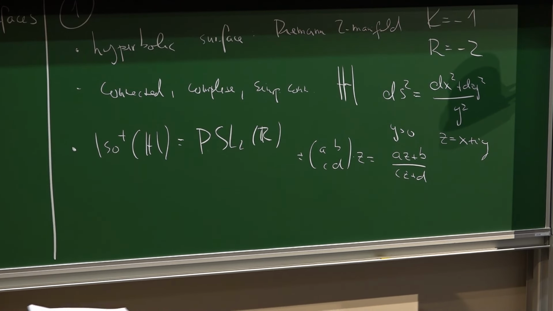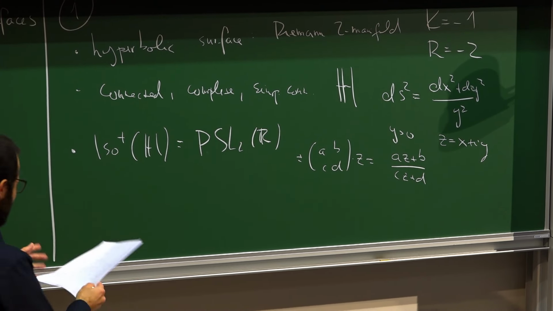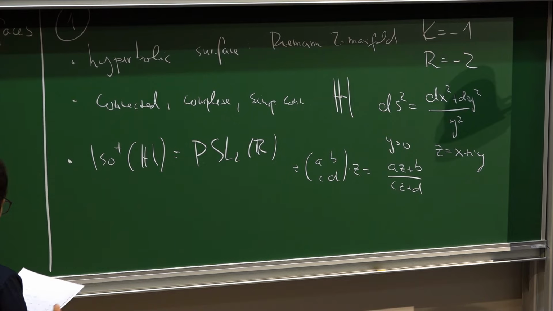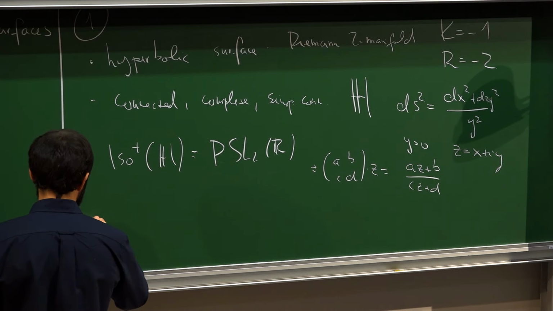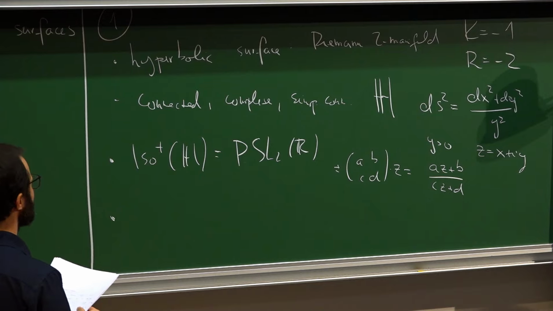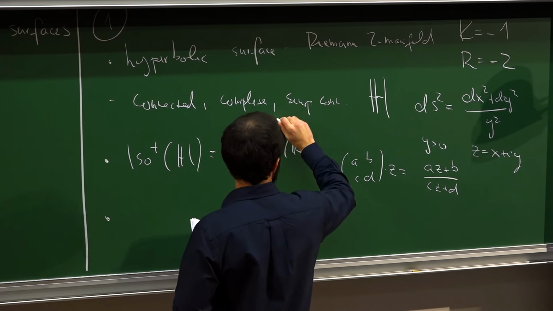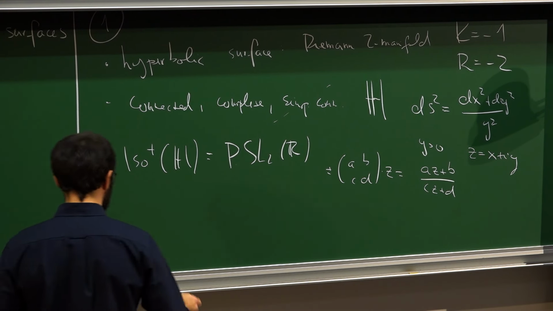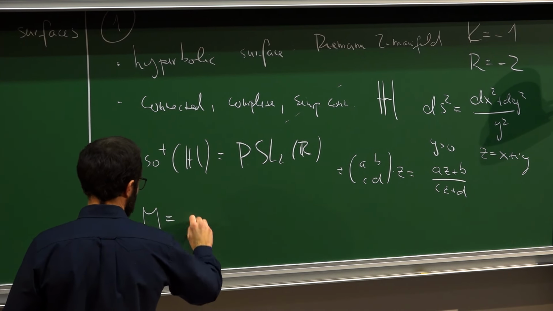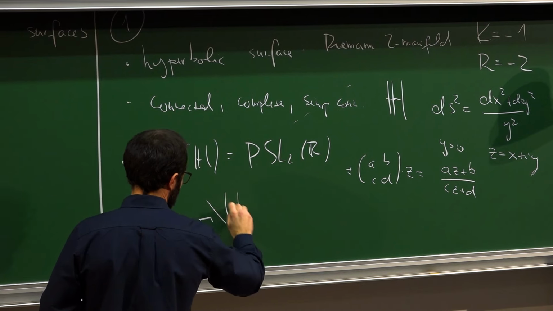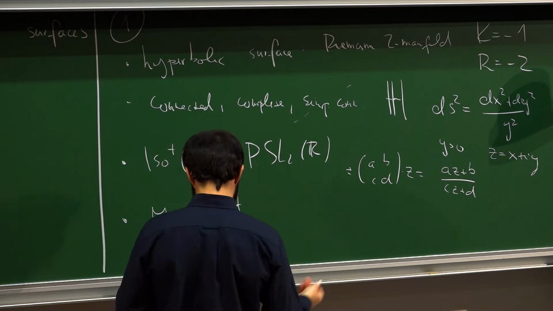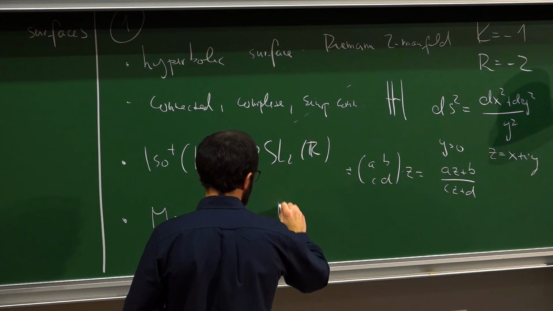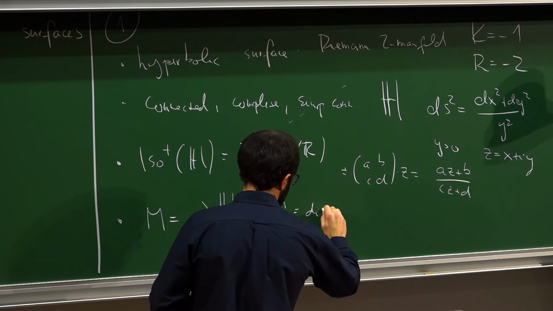It's quite interesting, but not as interesting as the more general manifolds. And the ones that I'll be interested in today are those where we drop the simply connected requirement. So connected and complete. Our manifold then is a quotient of the hyperbolic plane by a discrete subgroup of PSL2R.